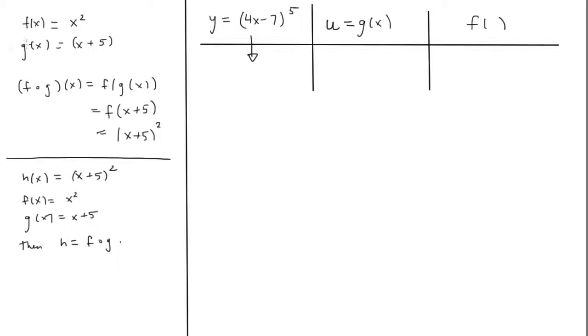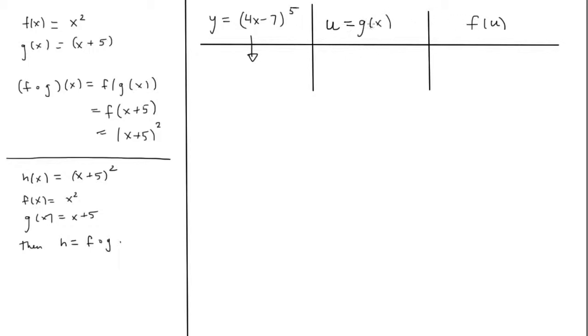And the outside function is going to be a function of u. So what's different here than in the last example is that we're in a way introducing a third variable. We had x before, but we're also going to use this new variable u.